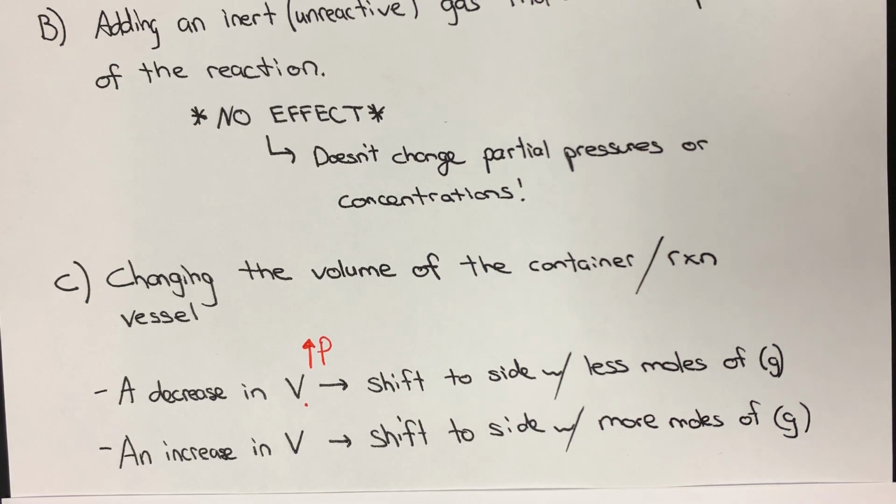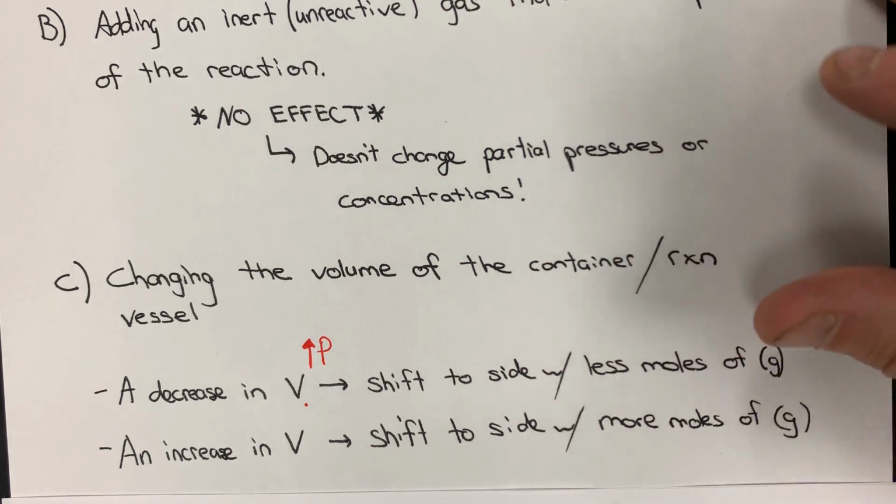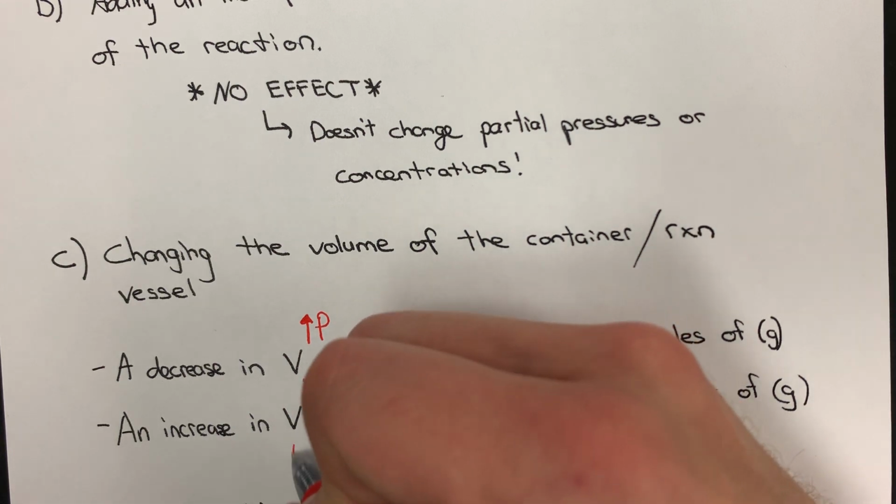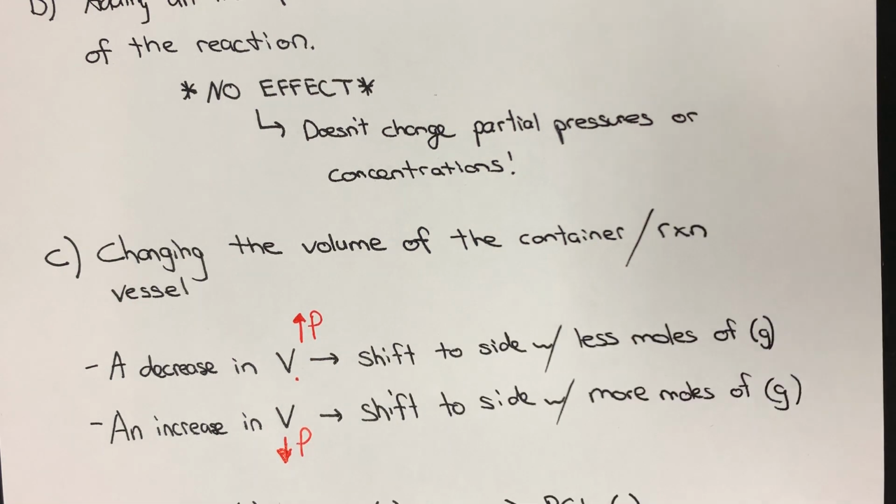There's that counterbalance, that pushback. And so in order to decrease pressure, we are going to shift to the side with fewer moles of gas. In the event there is an increase in volume, which would result in a decrease in pressure, the system will respond in a way so as to increase pressure, thereby shifting towards the side with more moles of gas.